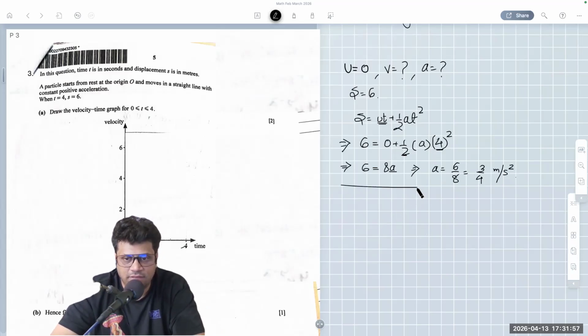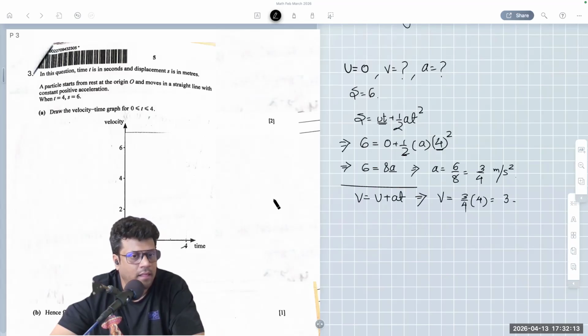And because of that, the velocity is going to be v equals acceleration into time. So it reaches a speed of 3 in 4 seconds.